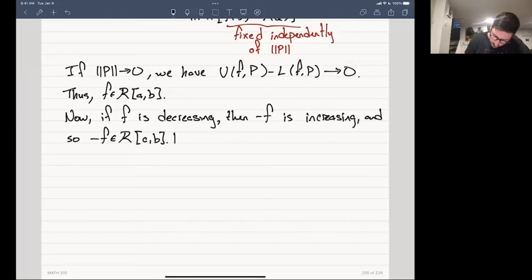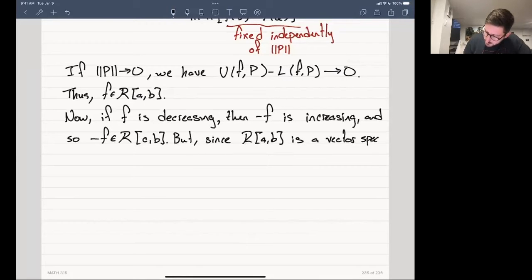But since the space R of AB is a vector space, we can take any vector, quote unquote, any function in that space and multiply by -1, and you still stay in the space. We have that f, which is equal to negative of negative f, must also be Riemann integrable. And this completes the proof.